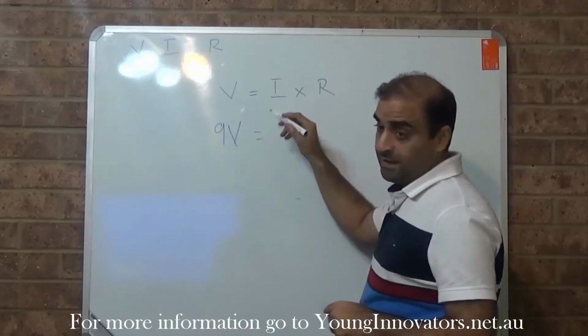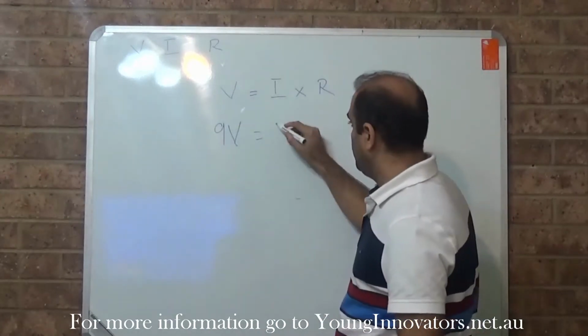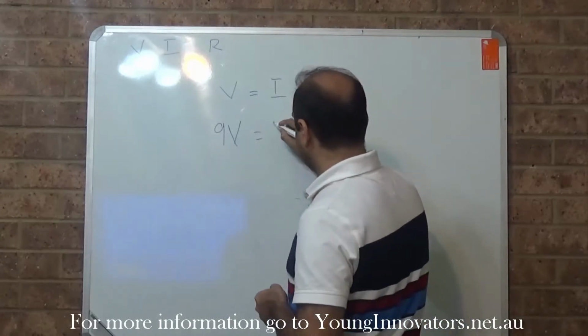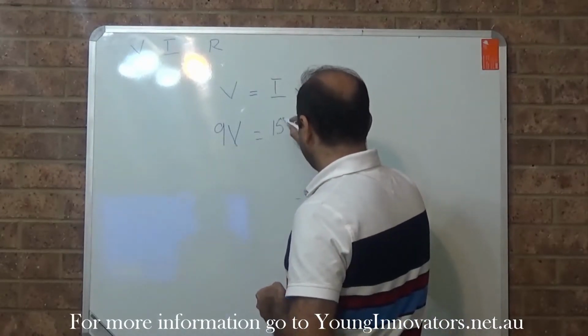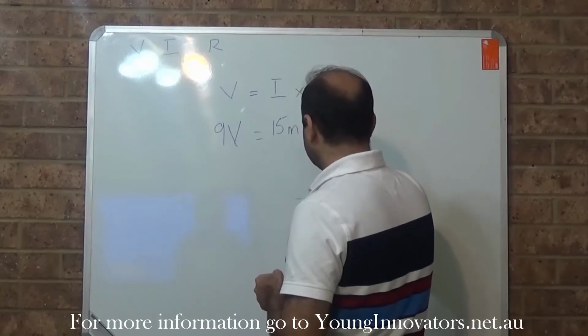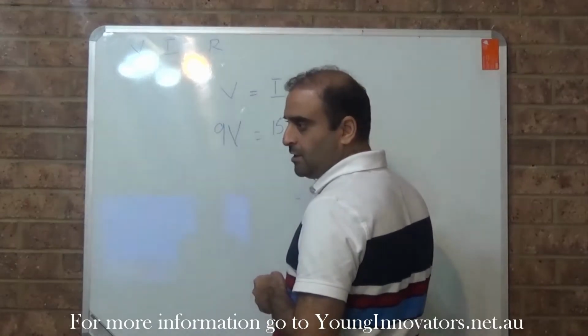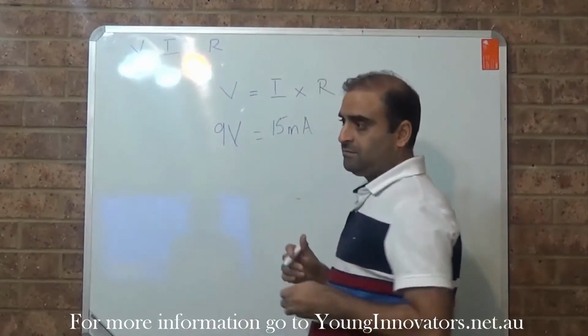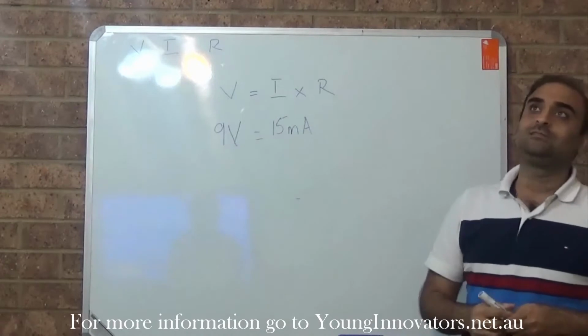And the LED, I don't know exactly how much, but normally they are like 15 to 20 milliamps. Do you guys know what milli is? Milli is a thousandth part.